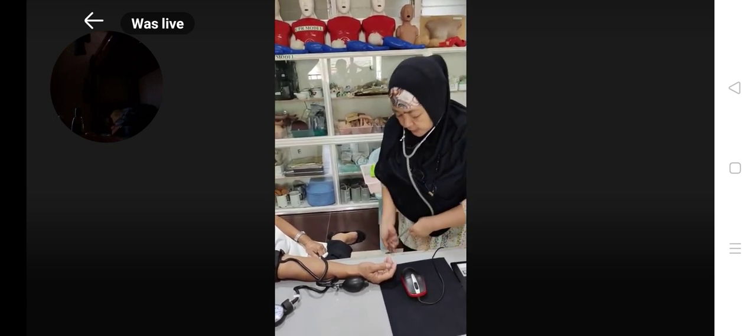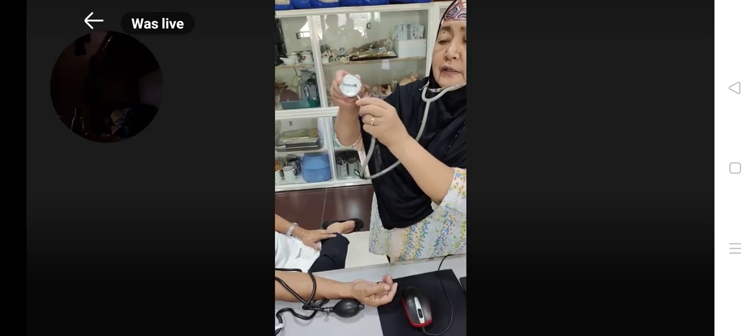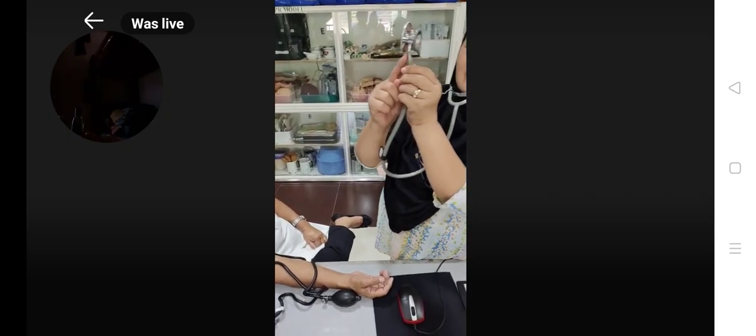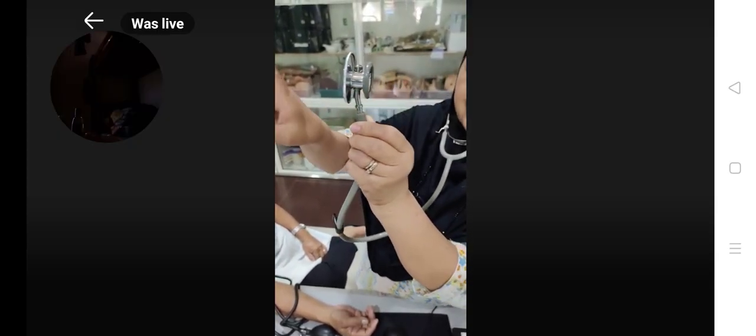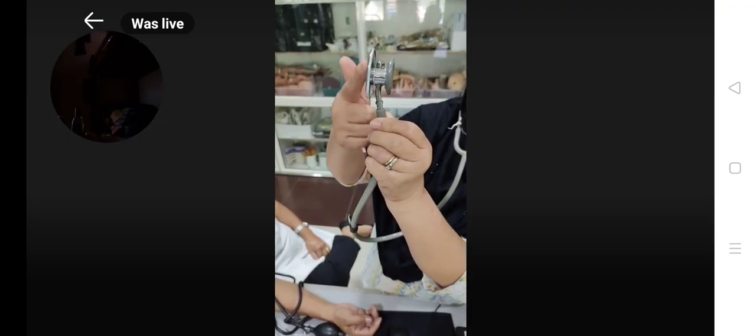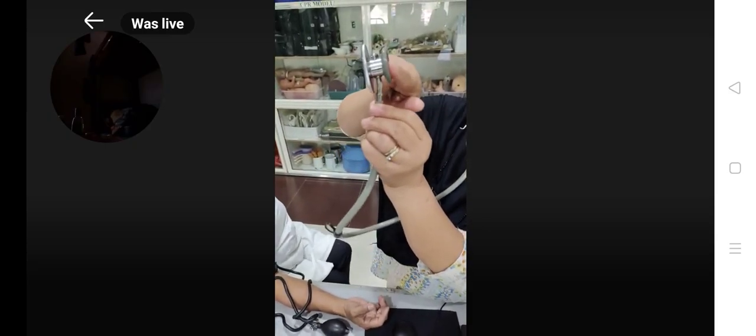Here, we have the diaphragm and we have the bell. You see the angle of the stethoscope. If the angle faces in that part, that means the opening is here. But if it goes like that, the opening will be here.